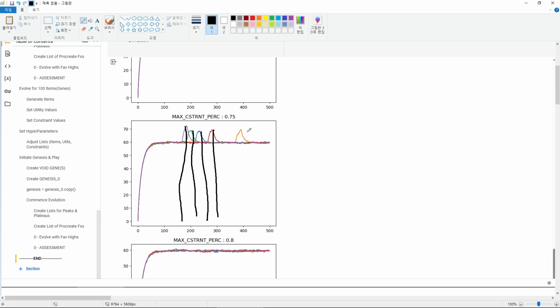Look, this is 170 or 80. This is 220. This is 260. This is slightly more than 300, and this is after generation 400. So how do I know this?